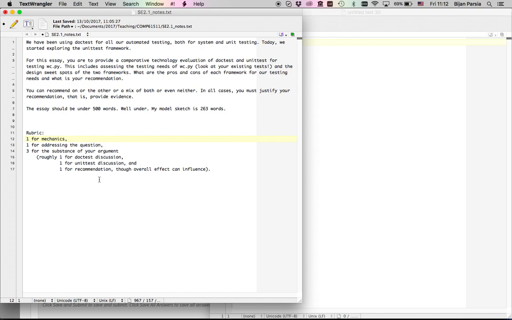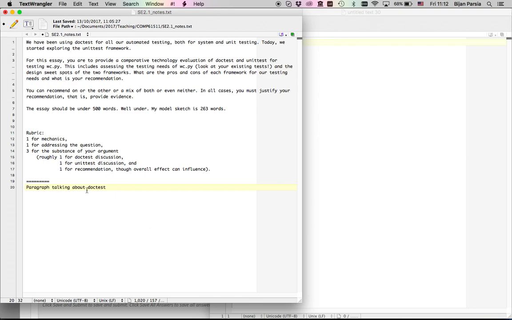And really, this gives me a potential outline. Just from the rubric, I can get a potential outline. That is, if I think about how the answer to my question should look, it's going to be something like a paragraph talking about doc test. Why? Because there's a whole point about that there.